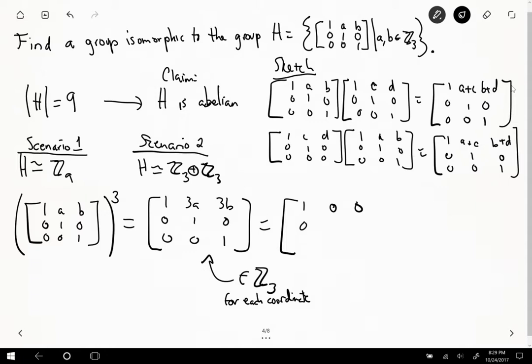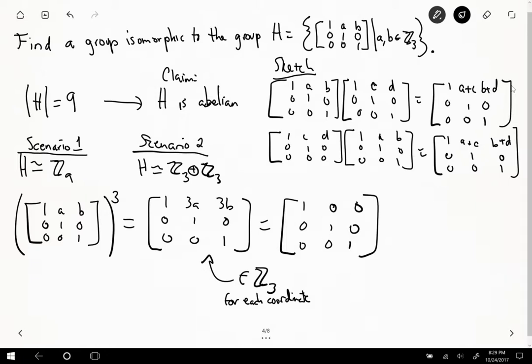So you get the identity. And we know that, assuming A and B are non-zero, it can't have order 1, so it has to have order 3. And notice we can't exceed that. This is the smallest value we can raise it to a power.